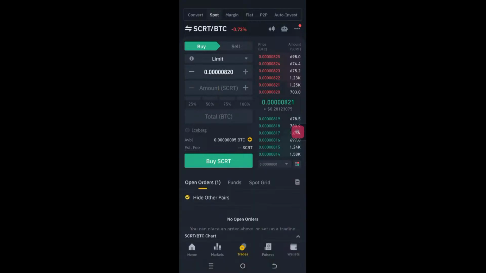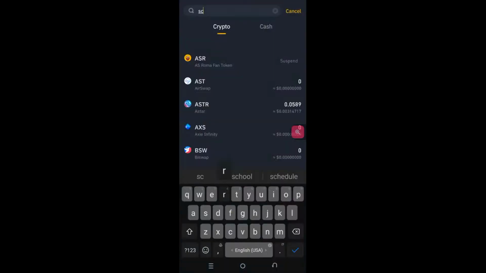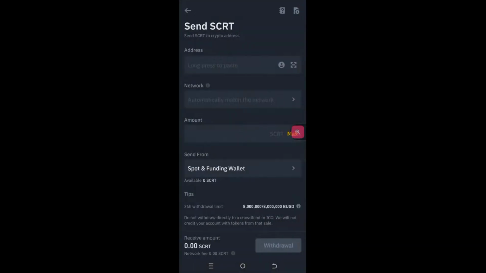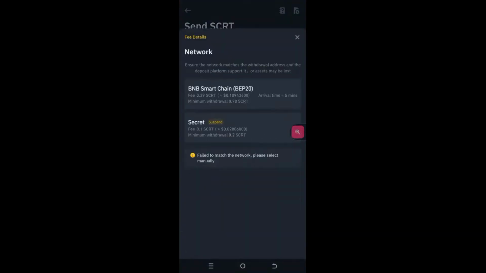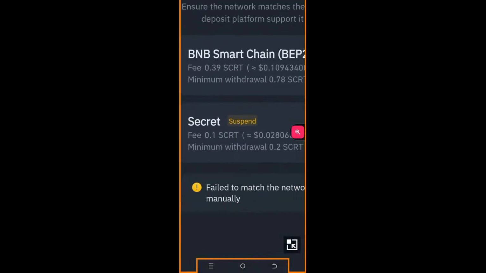Let's go and check the withdrawal, okay? Because the withdrawal is very important, okay? We'll click on withdraw. Let's search for SCRT. Click on send by crypto network. And we want to check, what is the network? So we have two networks here. We have, see, it has secret network, which is a very small amount to send.